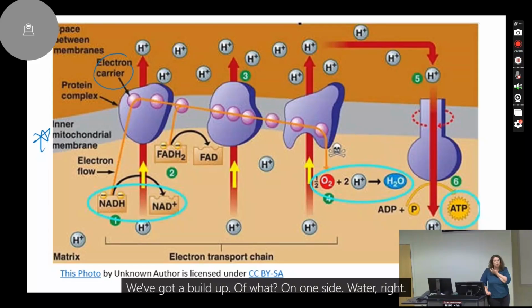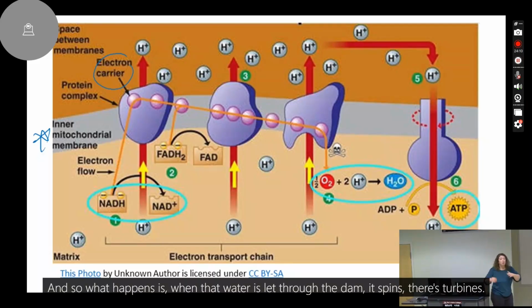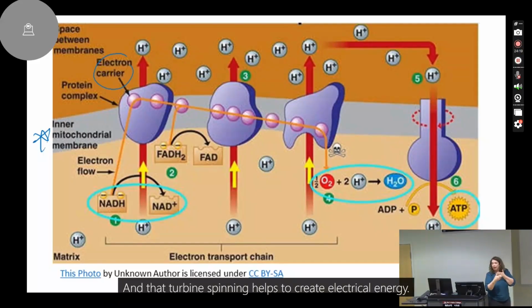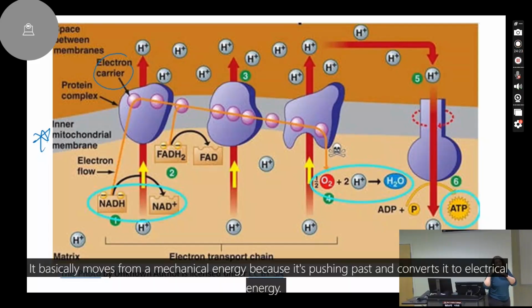We've got a buildup of what on one side? Water, right? And so when that water is let through the dam, it spins these turbines. And that turbine spinning helps to create electrical energy. It basically moves from a mechanical energy, because it's pushing past it, and converts it to electrical energy.